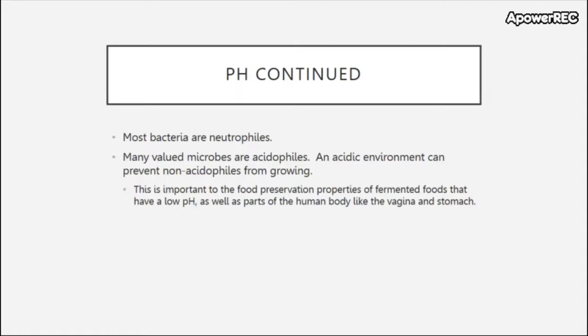So this becomes really important in food preservation, such as fermented foods that have a low pH, as well as certain parts of the human body like the vagina and stomach, which maintain a low pH, thereby regulating the type of microbes that can be present in those environments.